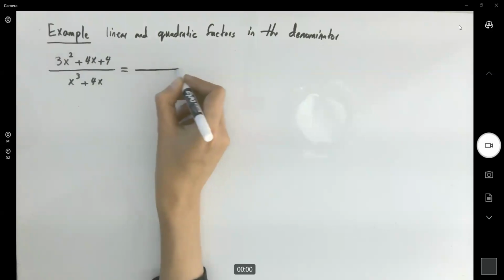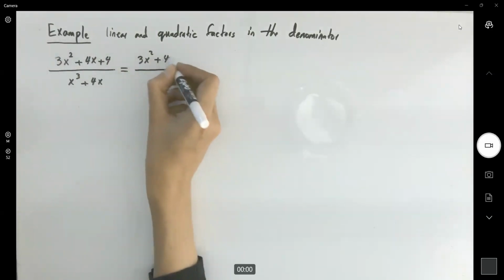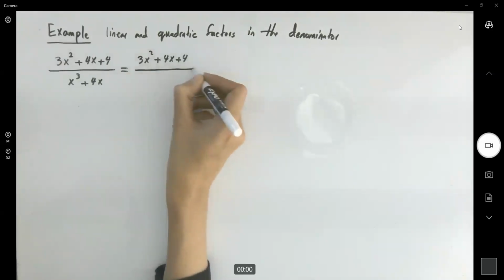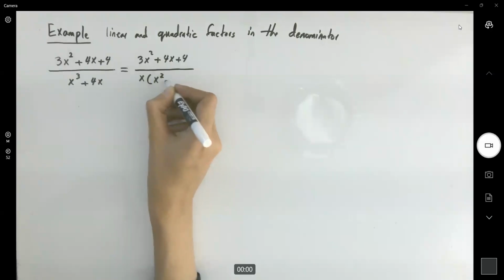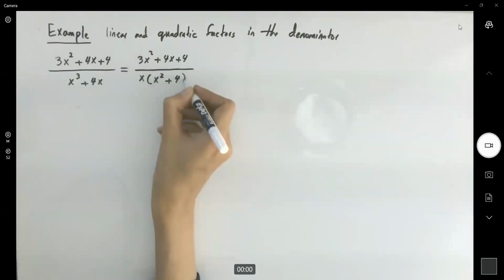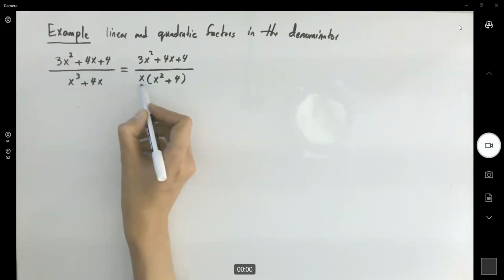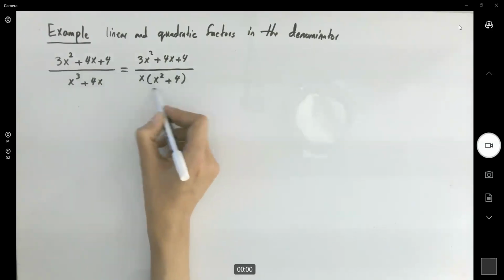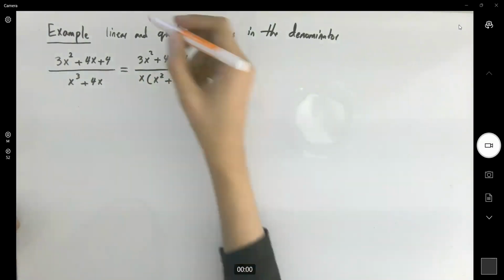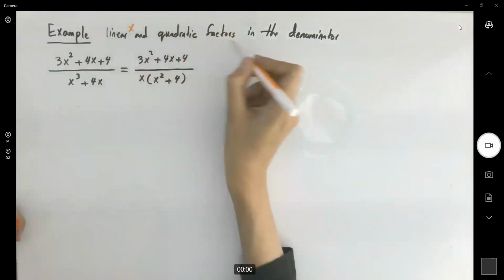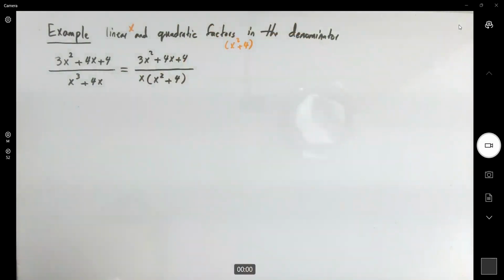You're going to copy whatever is on your numerator, 3x squared plus 4x plus 4, and on your denominator, you're factoring out x, you end up with x squared plus 4. So as you can see, you have a linear factor and a quadratic factor. In this example, your linear factor is x and your quadratic factor is x squared plus 4.